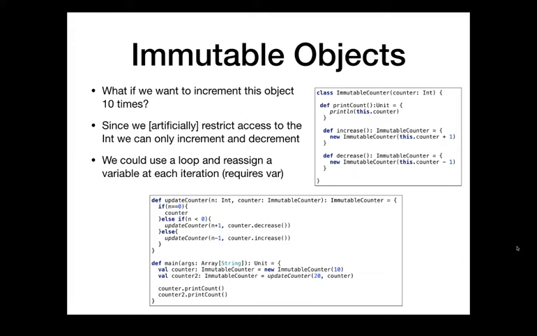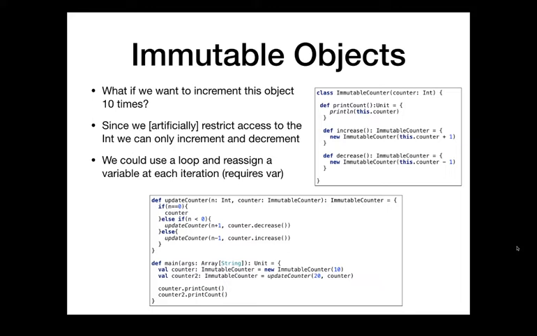If we want to add 10 to the counter, or add some variable number to the counter, we can create a variable of type counter, create the counter, have that variable store that counter, and then loop 10 times. Say for i in 0 until 10, my counter variable equals that counter variable dot increase.